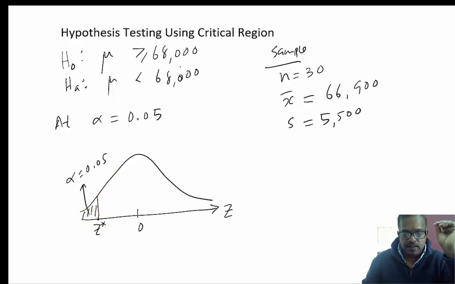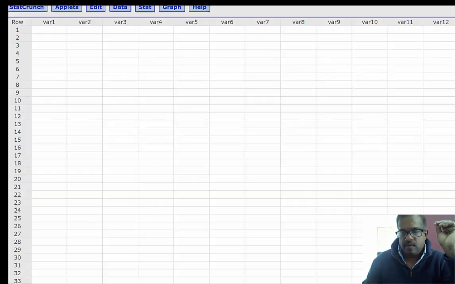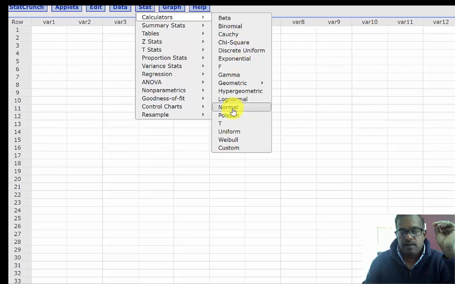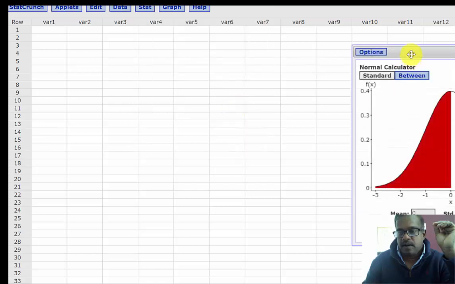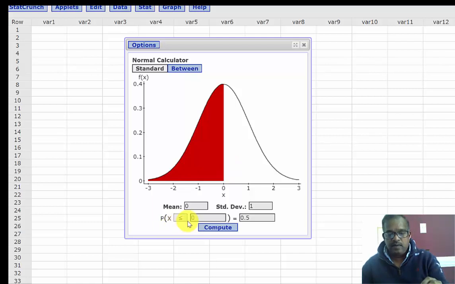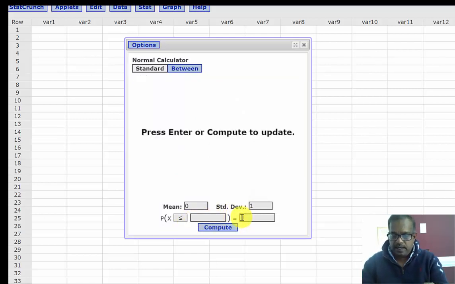So in StatCrunch, we can find that value. We go to Stat, Calculator, Normal, and in this distribution we want the Z value in standard normal, mu equal to 0, standard deviation is 1. We want to know Z value, that the probability to the left equal to 0.05.